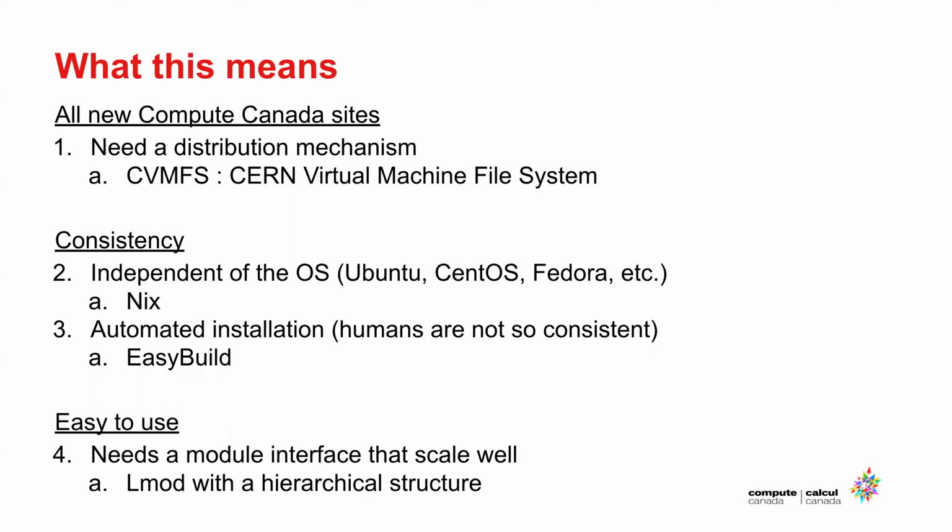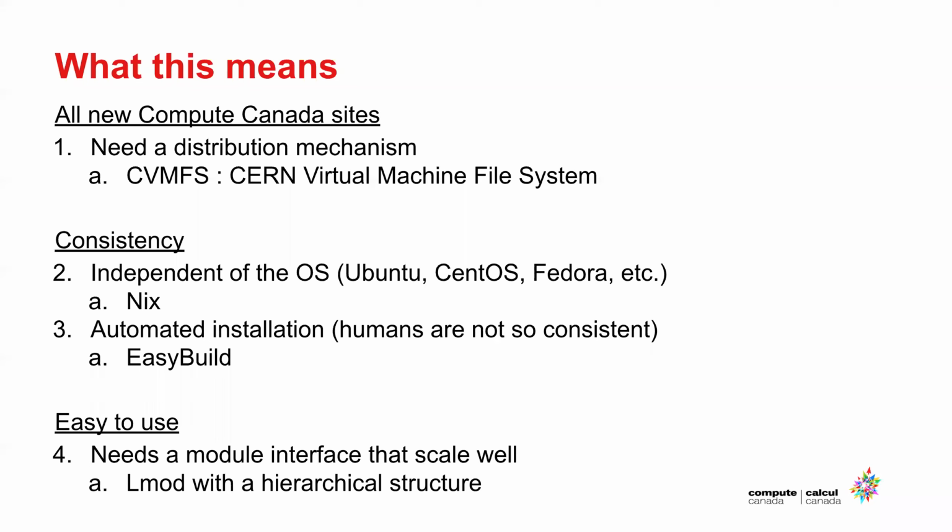For consistency, we first had to have a common layer that would be independent of the OS. For that, we chose Nix. I will also talk in more detail about Nix a bit later, but it provides an abstraction layer between the OS and the scientific software stack. For the scientific software stack, we chose to use EasyBuild, which is a project that originated from University of Ghent in Belgium.